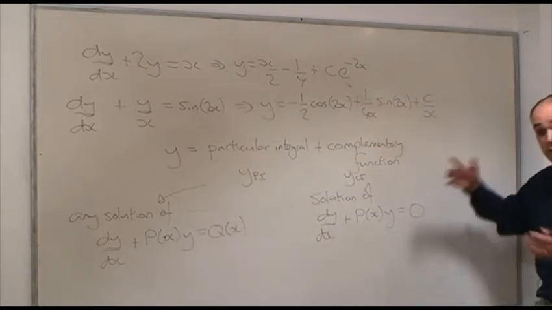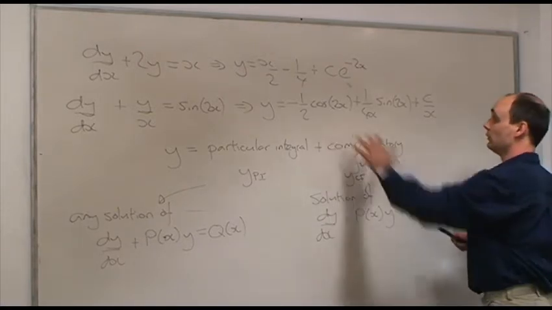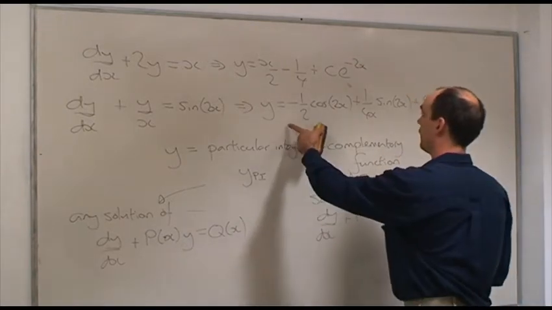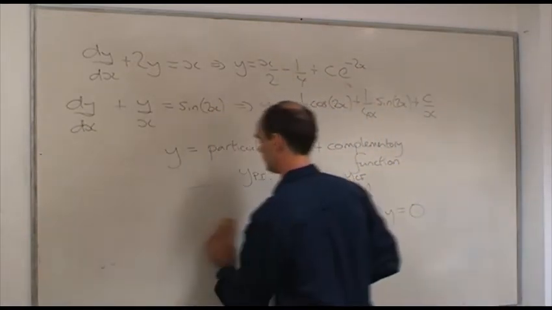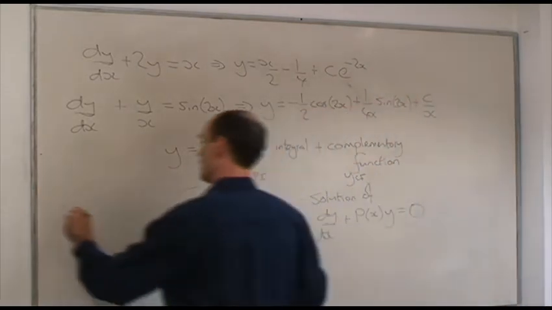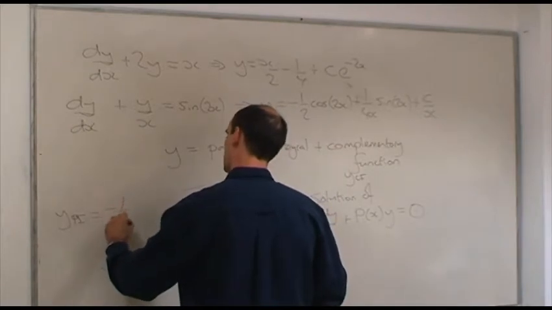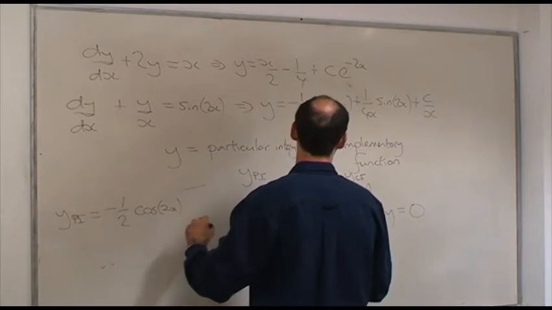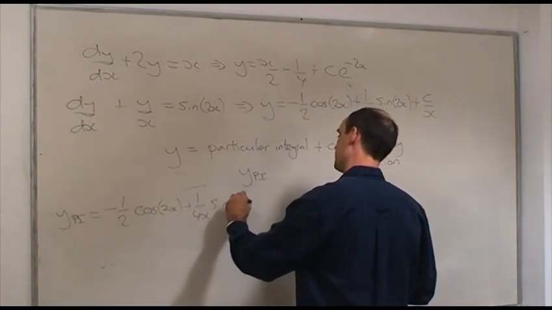And you can figure this out for yourself by just playing with these. So, for example, let's do a particular example here. In the second equation, ypi, the particular integral, was equal to minus a half cos 2x plus 1 over 4x sine of 2x.